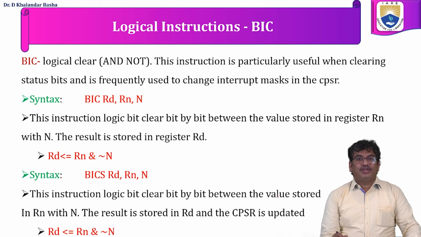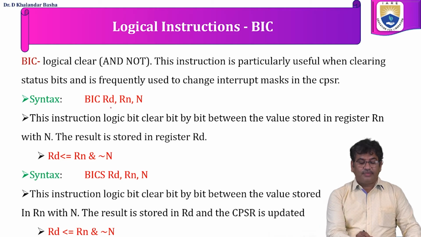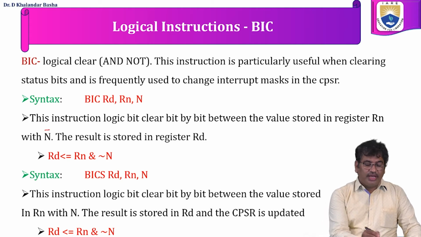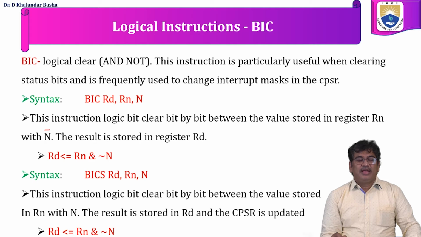The syntax of the instruction is BIC Rd, Rn, N. This instruction performs logical bit clear bit by bit between the value stored in Rn register with negation of N, that is complement of N. The result again will be stored in Rd register.